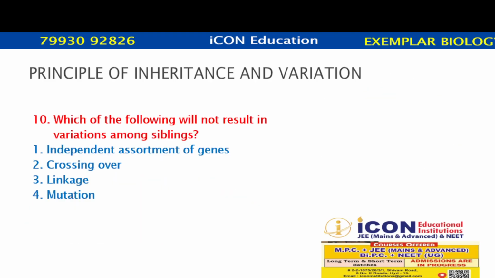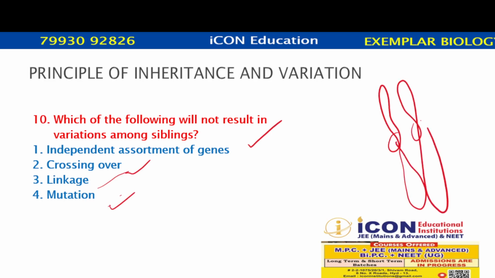Which of the following will not result in variations among siblings? Independent assortment of the genes, crossing over, linkage, mutation. Okay, if genes are located on the same chromosome and are very closely linked to each other, we can say that pattern is linkage.